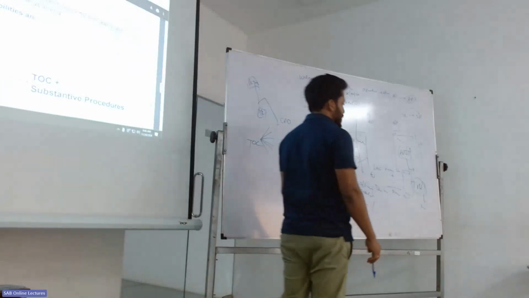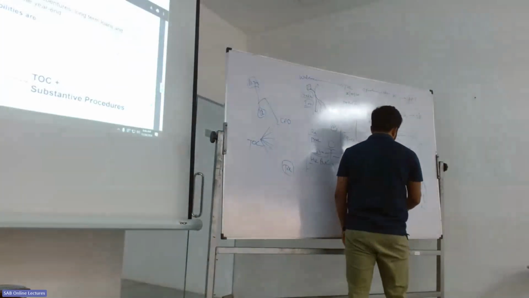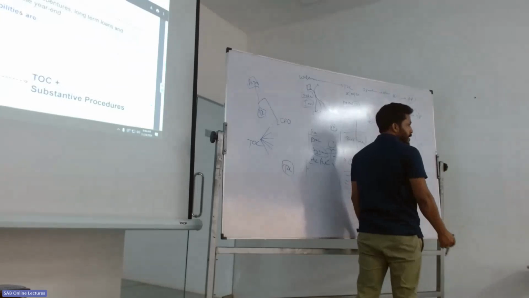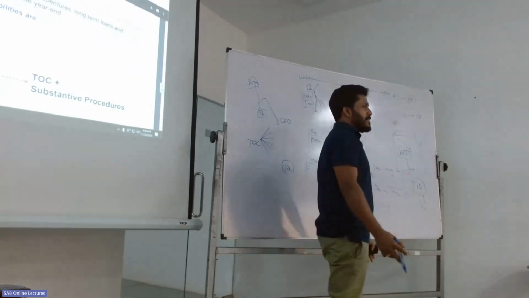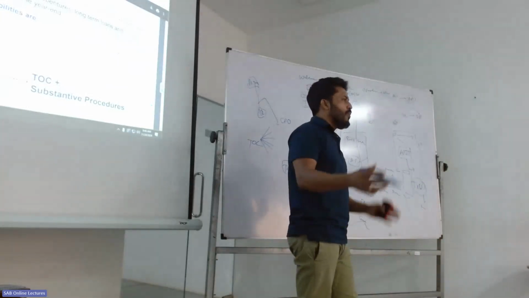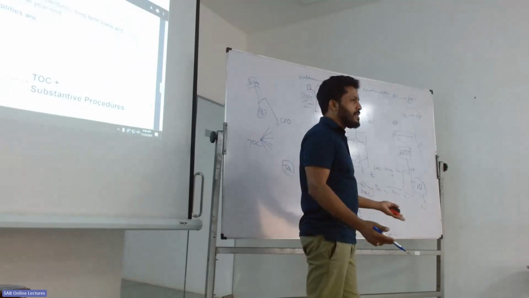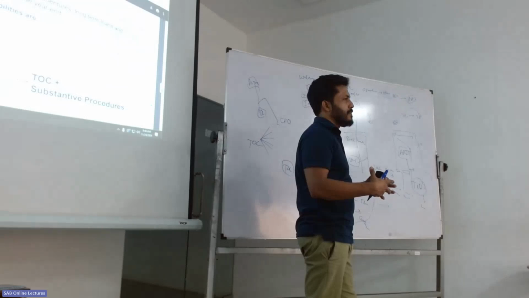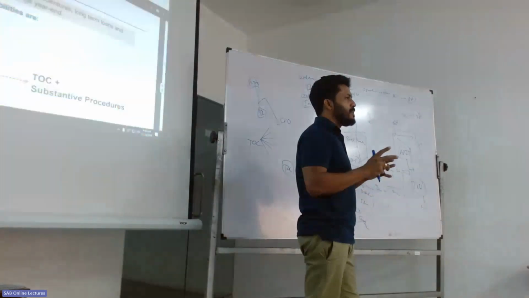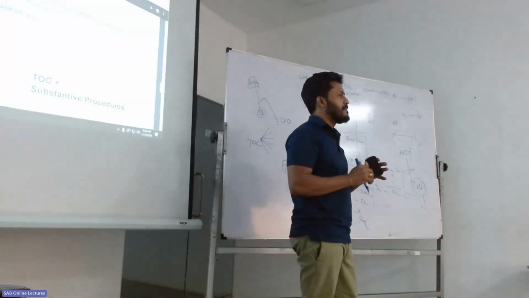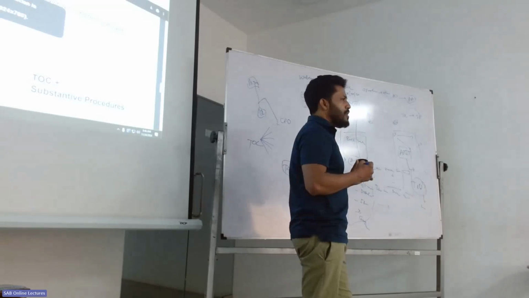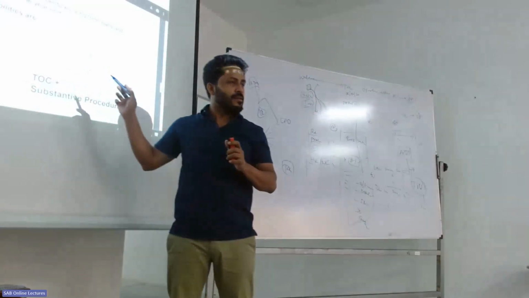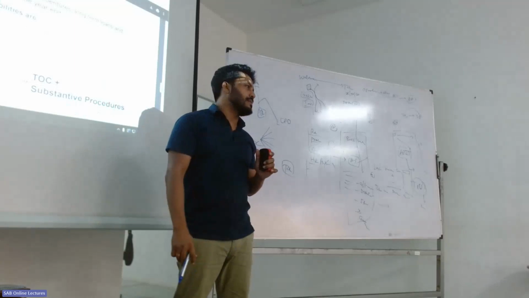Because in an organization you have a very limited number of significant items: loans and borrowings, leasing, debentures. You may have 2-3 leasing facilities, 2-3 debentures, 4-5 loans. That's it. So you have a very basic process, and you don't need to worry about the TOC. You can straight away do the substantive procedures.